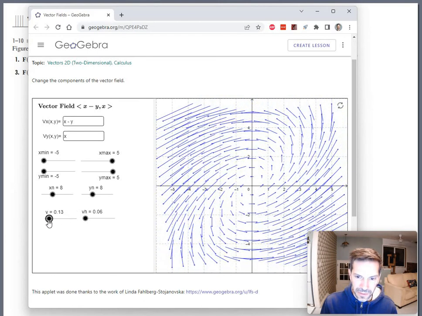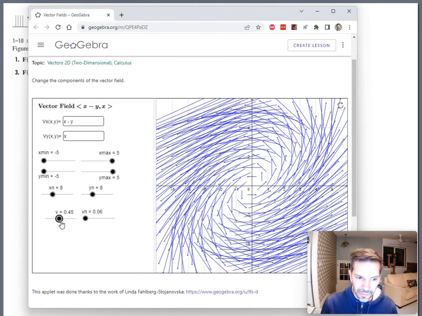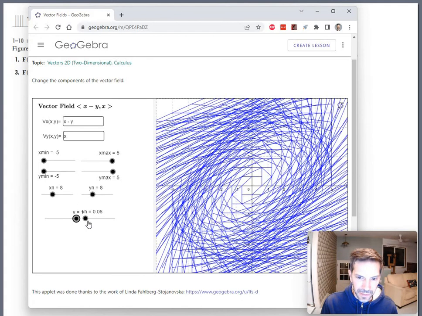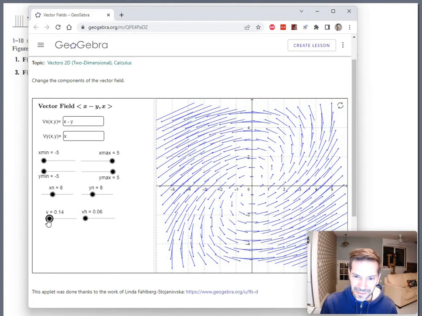So put them somewhere that makes it comfortable to you. Yeah, that's too much. There we go.